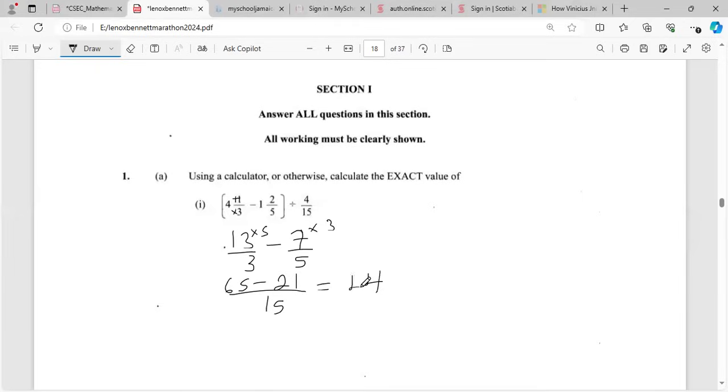That's 44 over 15. Alright, so this says now divide by 4 over 15. But we know that we're supposed to rewrite the first fraction, change the division to multiplication, and then reciprocate.